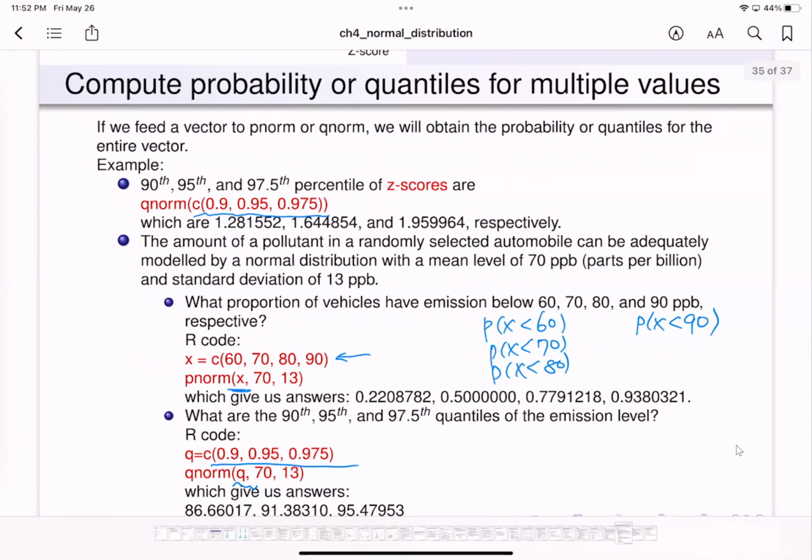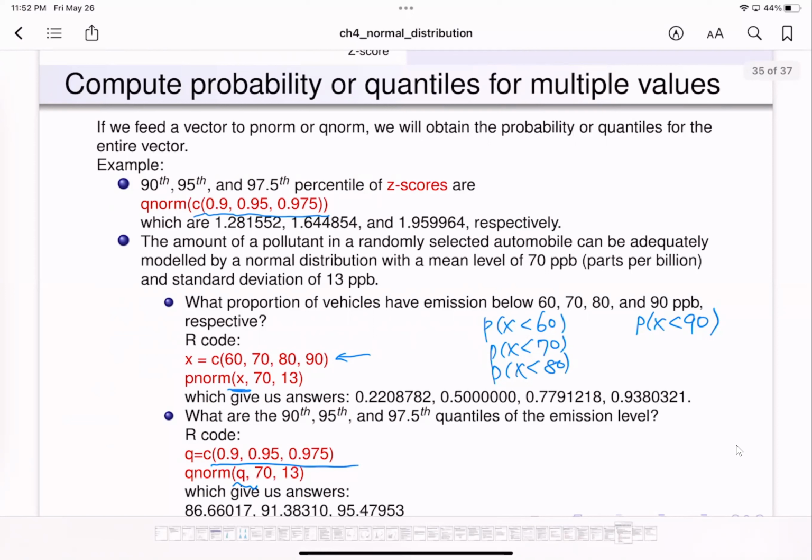For the regular normal distribution and the standardized variable: if X follows normal with mean mu and standard deviation sigma, then (x minus mu) over sigma is called a z-score. The z-score follows a normal distribution with mean 0 and variance 1. So that is the standard normal.